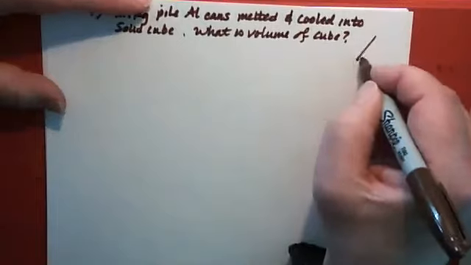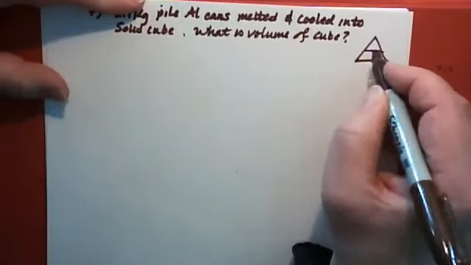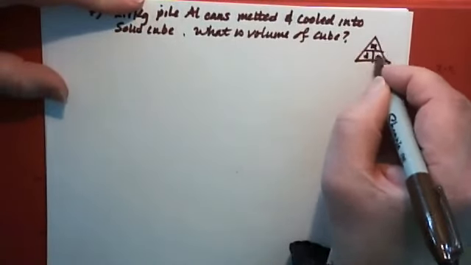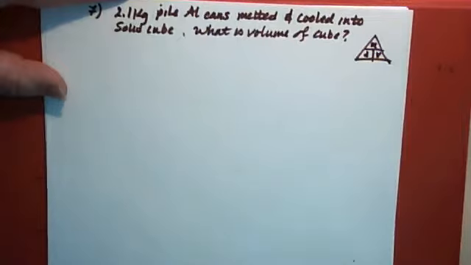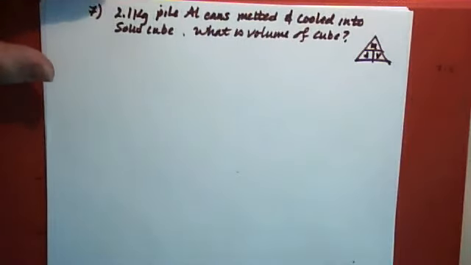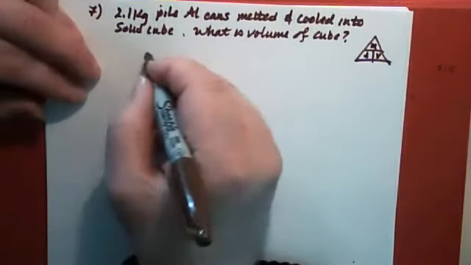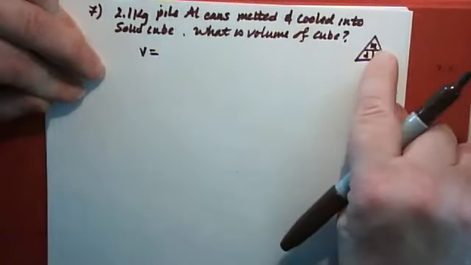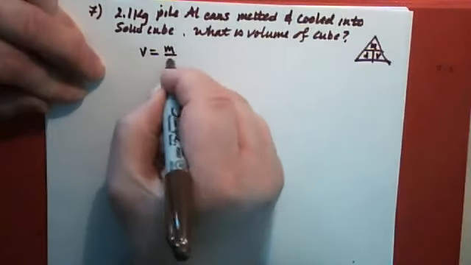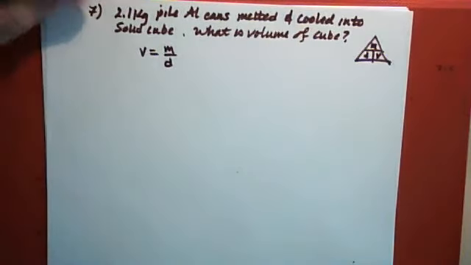Again, this is a density problem. Density is mass over volume. It wants to know what the volume is, so volume is mass over density. Let's show you what we have for mass.